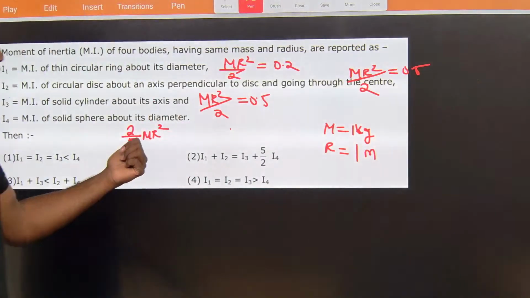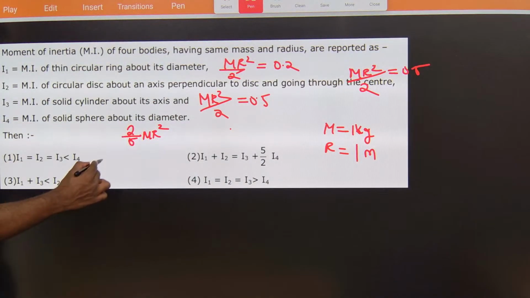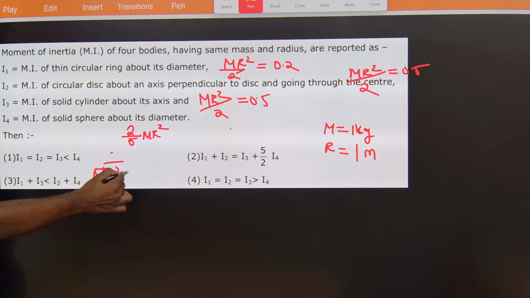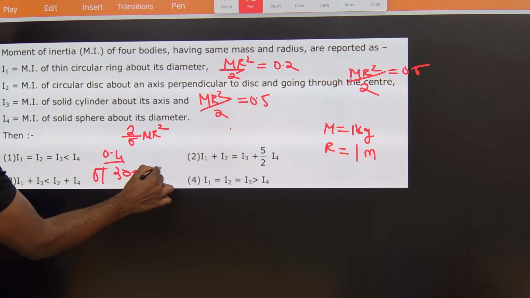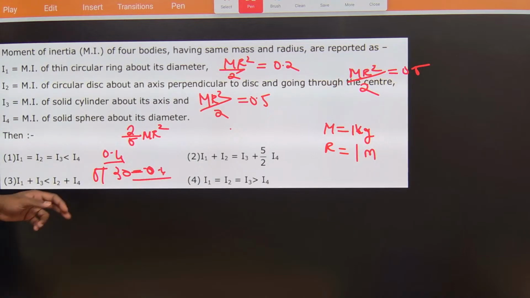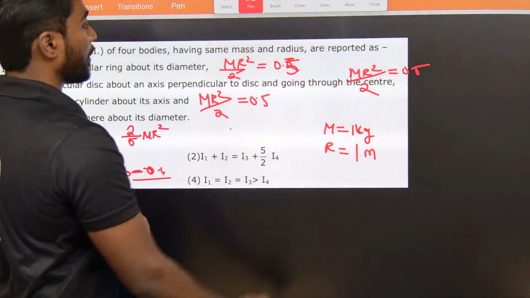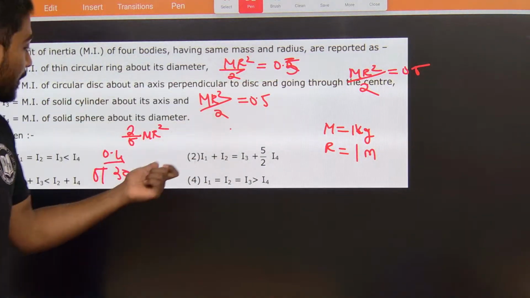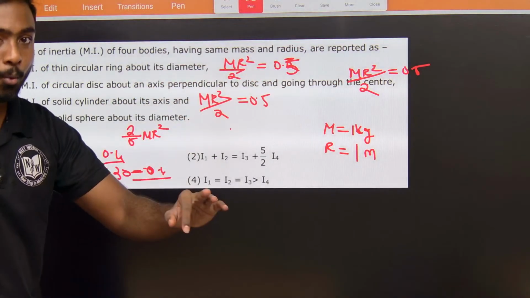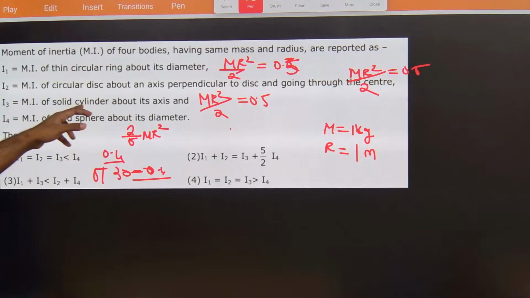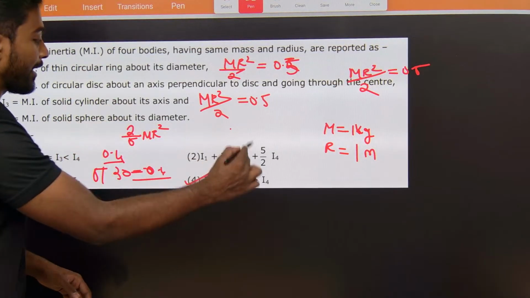What about this one? 2 by 5, so I will get 0.4. So this is 0.5, 0.5, 0.5 and this is 0.4. So obviously first one, second one and third one are equal, and these 3 are greater than the fourth one. Option 4 is the answer.